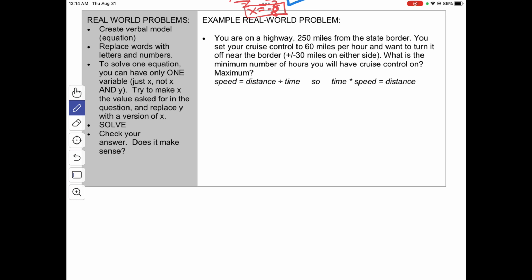So just like we've seen previously, it is important to know that speed is distance divided by time. And another way to write that same equation is time times the speed equals the distance. In this example, we know a lot about our distance. So I really want to be able to use time and speed to really focus on distance, because this is all about distance from the state border.